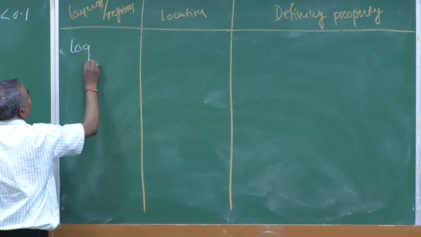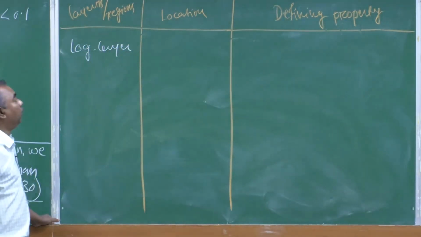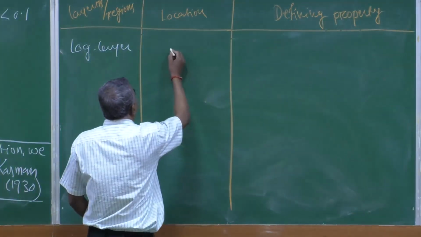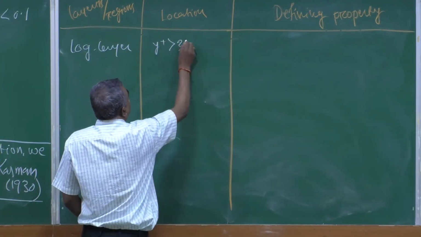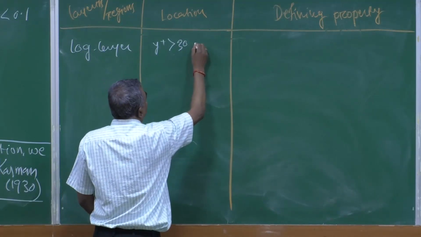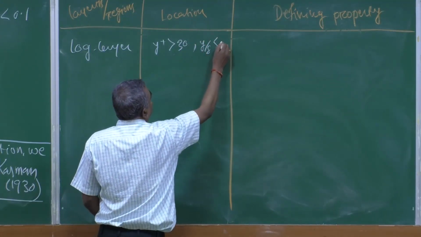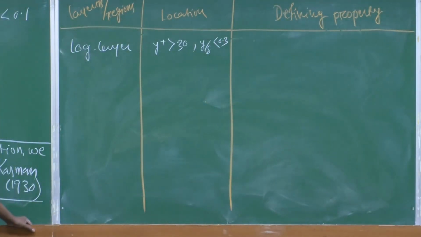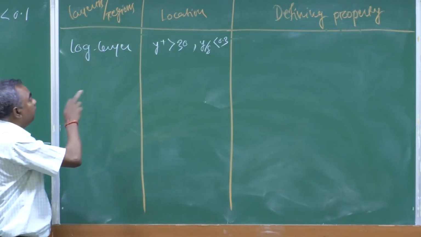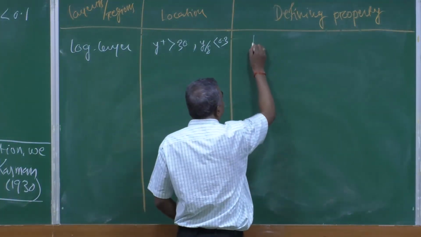Location: the log layer holds good for y plus greater than 30 and y by delta less than 0.3. So, within this layer the log law holds good. What is the defining property?